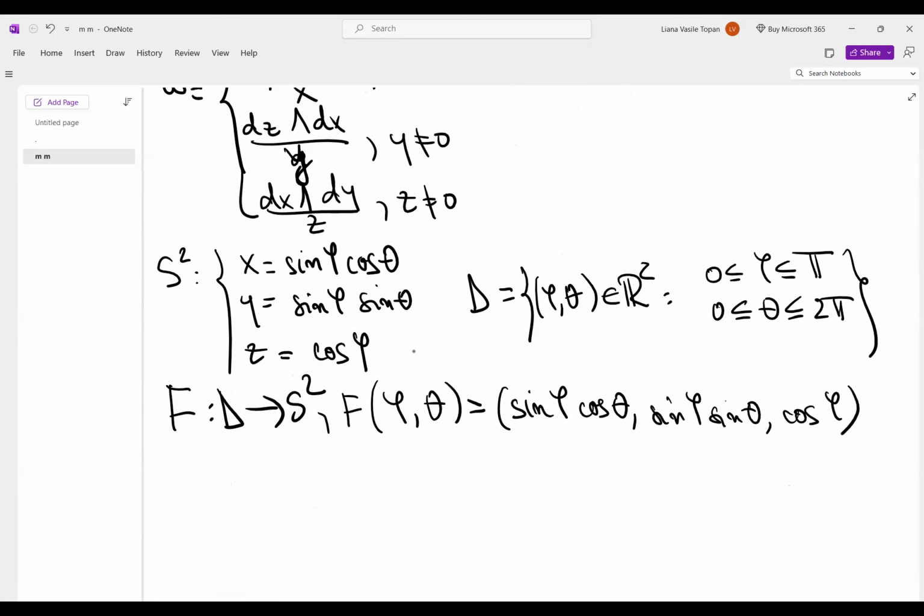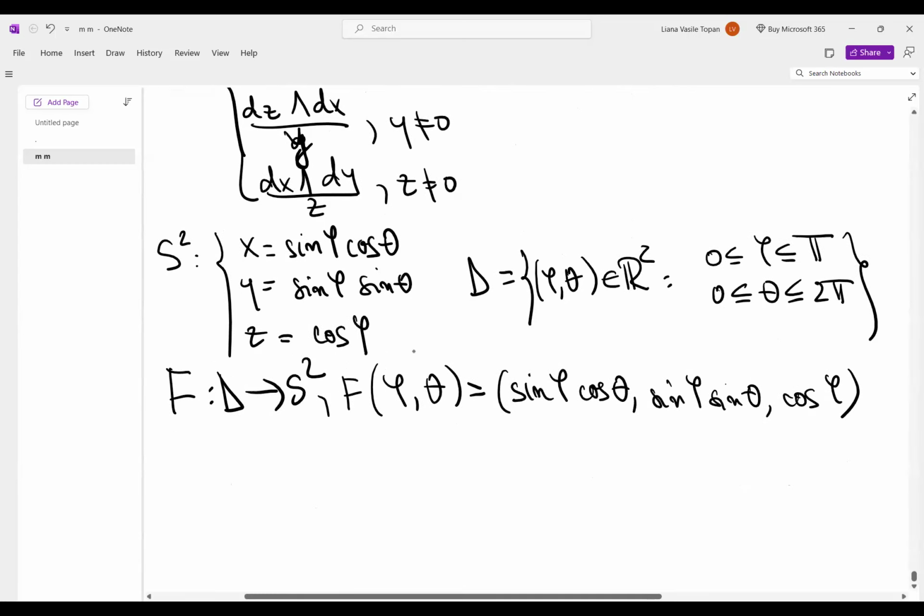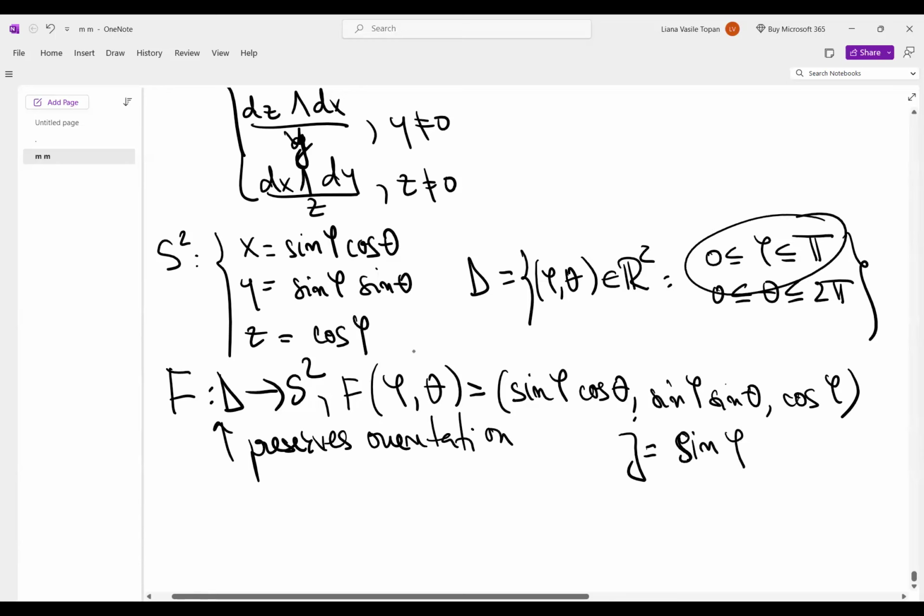I'm not going to compute it, but this is an orientation preserving diffeomorphism. If you compute the Jacobi matrix, the determinant will be sine of phi. And now phi is between 0 and pi, so this will be positive, so it's okay.